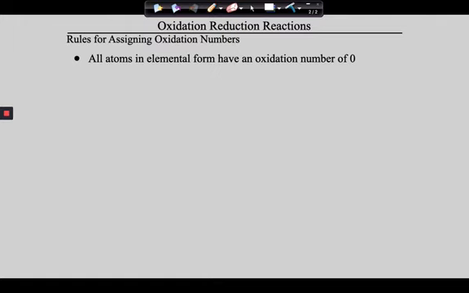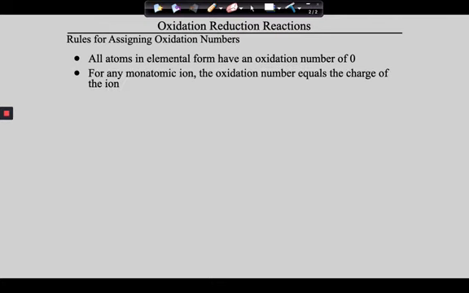We're building framework that we're going to apply in just a minute. So rule number 1, if it's an element, its charge or oxidation number is 0. Rule number 2, for a monatomic ion, its oxidation number is equal to the charge of the ion. And guys, we'll explain more about what that means in a minute.